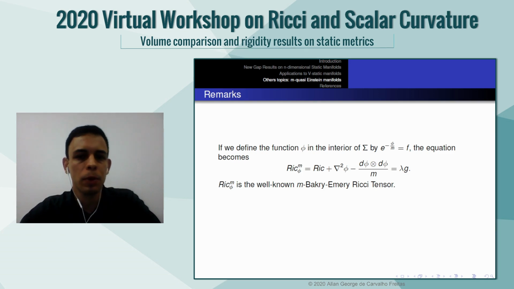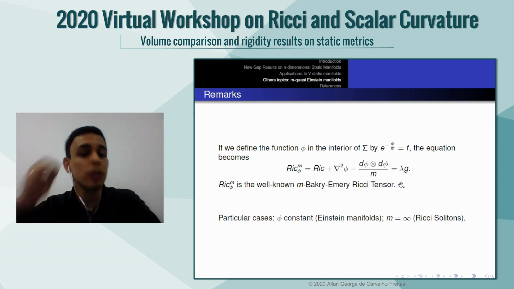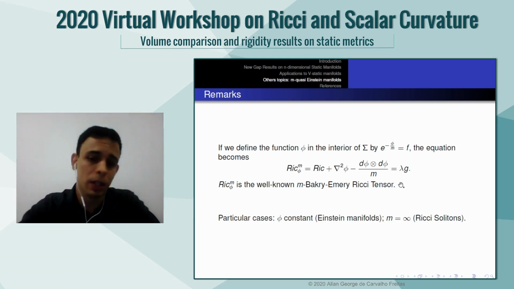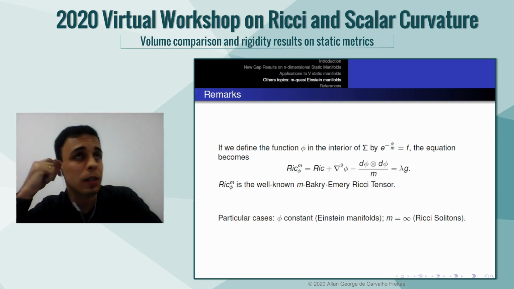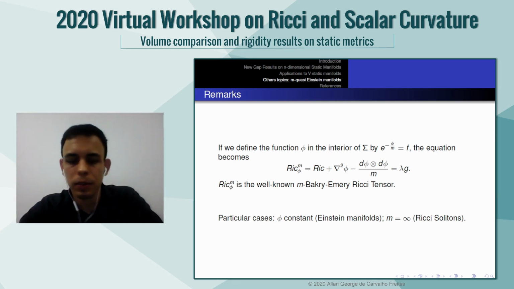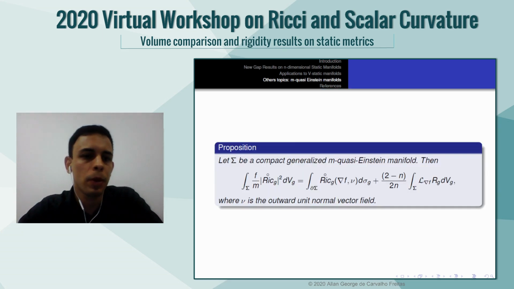For example, this is the m-Bakry-Emery Ricci tensor, and some particular cases of this equation are: when phi is constant, we have the Einstein manifolds, and when m is equal to infinity, we have the Ricci solitons here, okay? So this concept extends many others that are well known in the literature, okay?